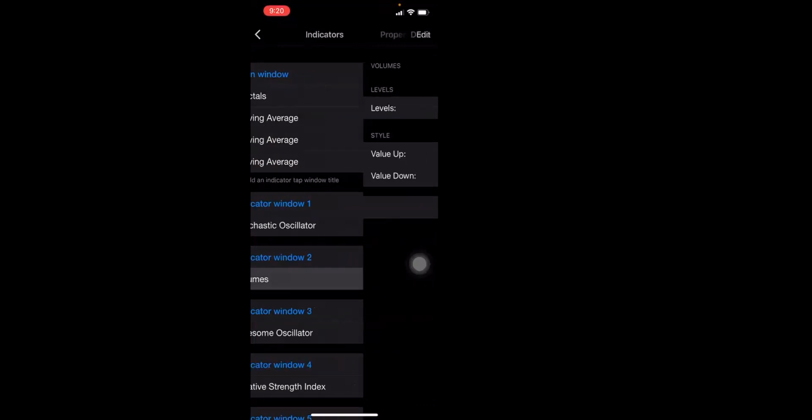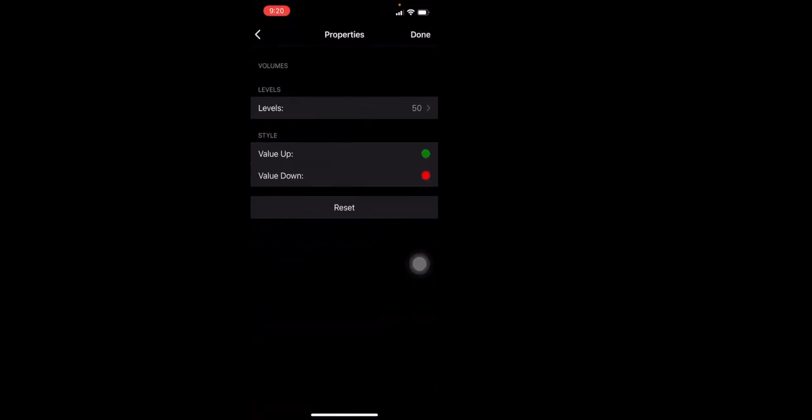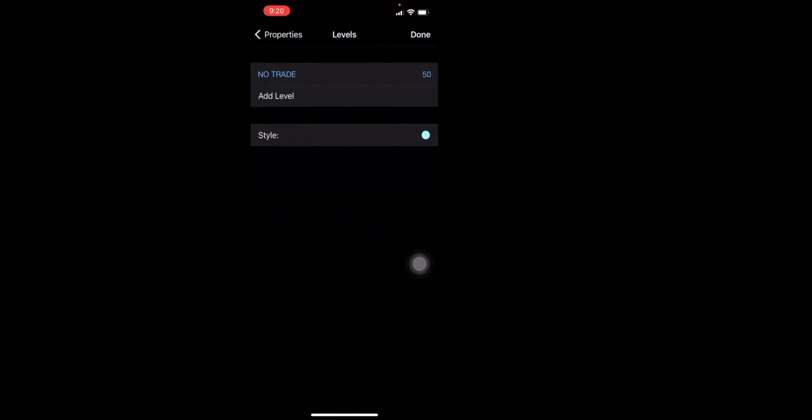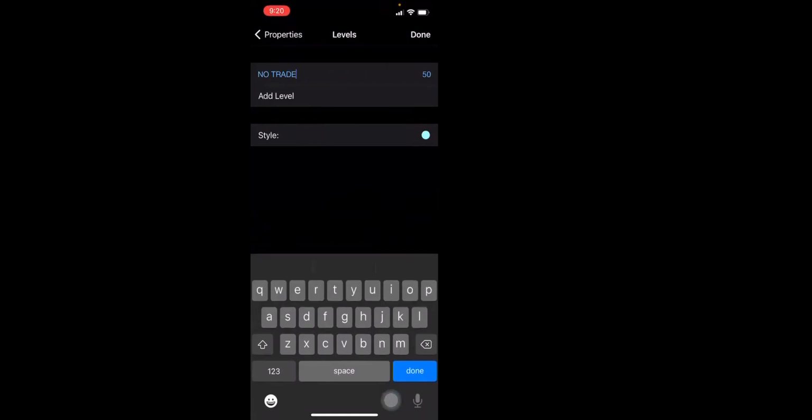For example, the volume, click it. Now all you have to do is click on levels and it gives you options to add stuff. On the level side, I just put no trade to let me know I wouldn't place a trade if it's under the 50. But if it's above the 50, I know that means I can place a trade. It's a personal preference thing, I guess.